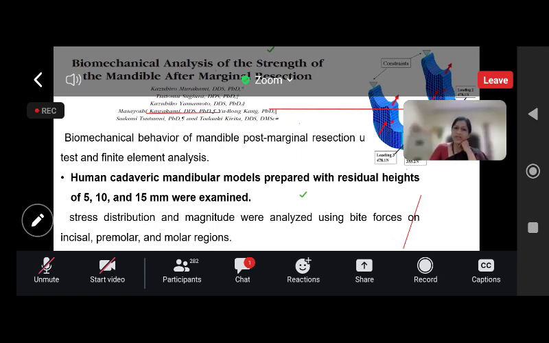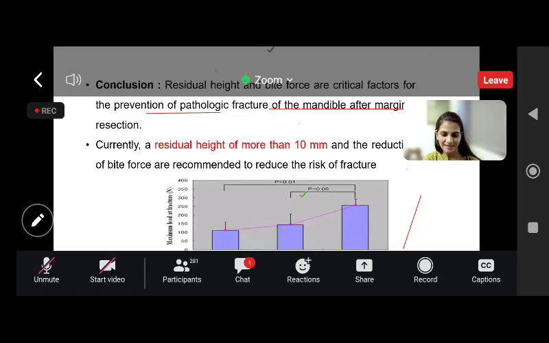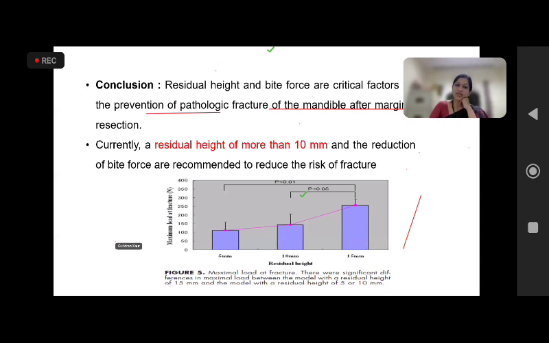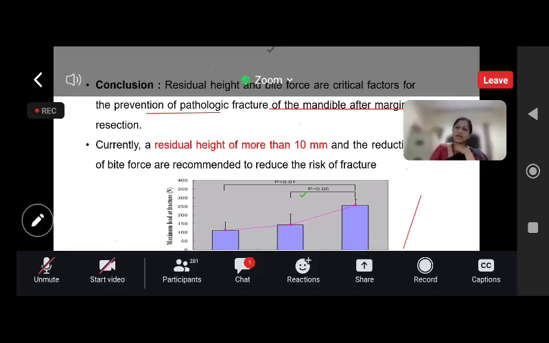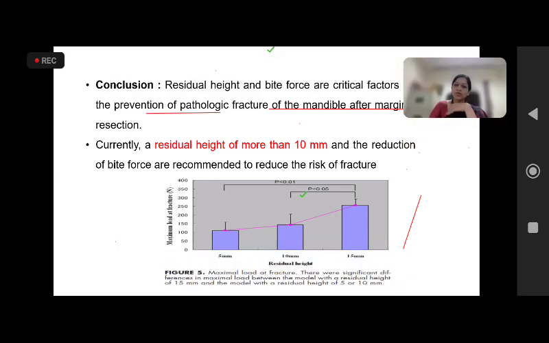But the backup paper is the old paper on which the marginal was based, and it's again a cadaver study on the mandible, where they kept doing incremental osteotomies and then looked at how much force of chewing they would have. So it's a gauge, basically.